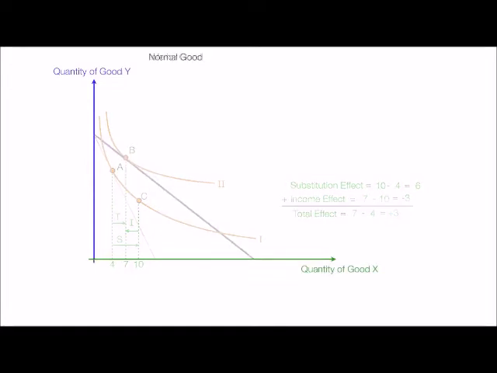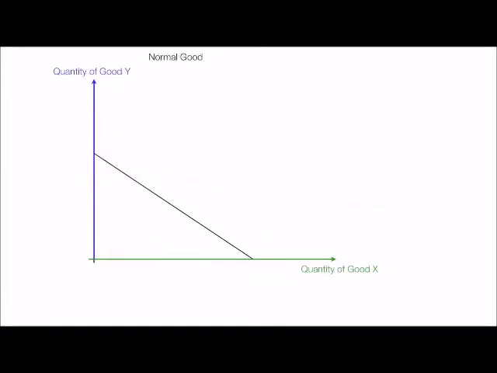I want to show you the income and substitution effects for a normal good with a price increase. The consumer starts at point A and will consume a quantity of X of 14 units.